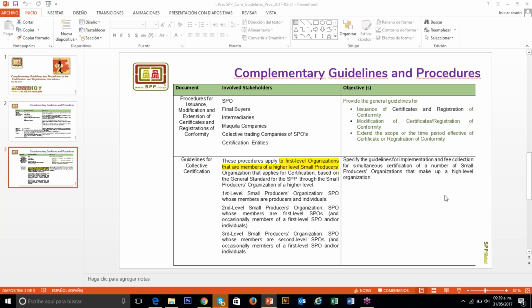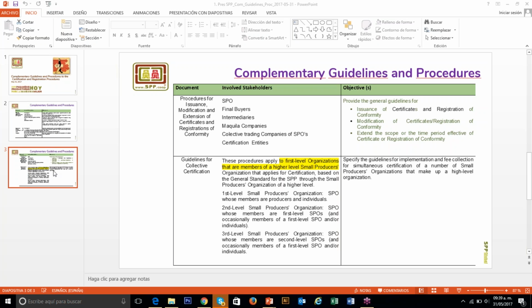Alfred: It's about collective certification, because I must understand. We are about 10,000 members and our plan is to make a union of cooperatives. Okay. Yes, but Alfred, are you a second level organization, or a first level organization?